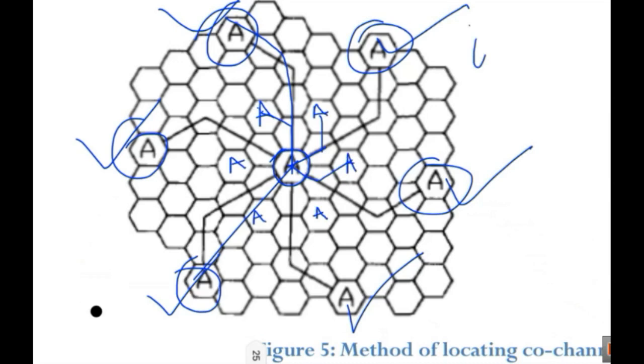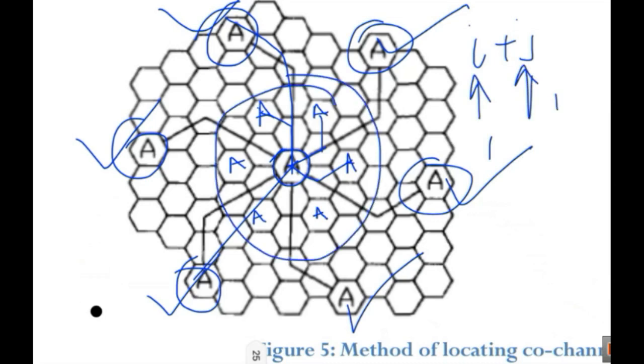Then when we are talking about I plus J, I is 1 in this case and J is 1, and then this becomes our first tier. Then this would definitely be a bigger tier, which might be the second or third, depending on if we have another. Let's see, we have another one there. So this definitely would be the third tier if we say that our I is 1 and J is 1.